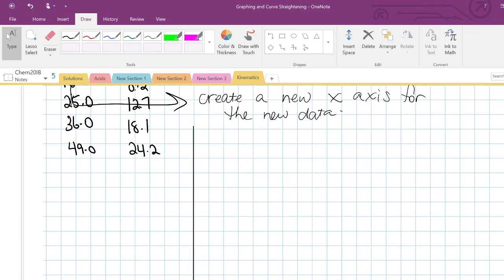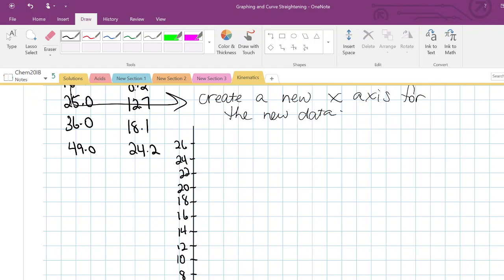Hopefully I gave myself enough space there. So I've got 2, 4, 6, 8, 10, 12, 14, 16, 18, 20, 22, 24, 26. Look at that, beautiful. And then here's my 0.